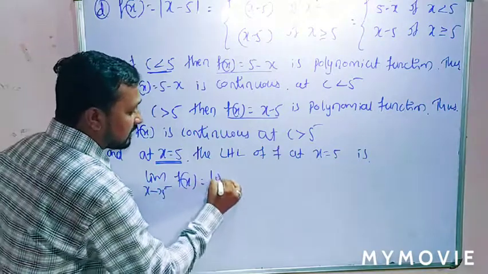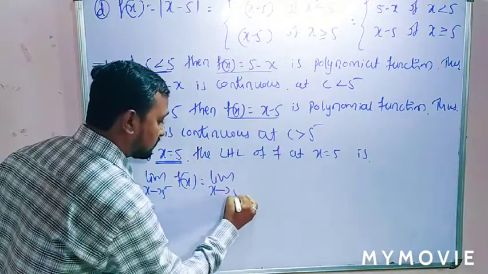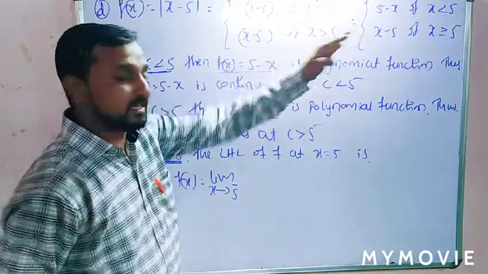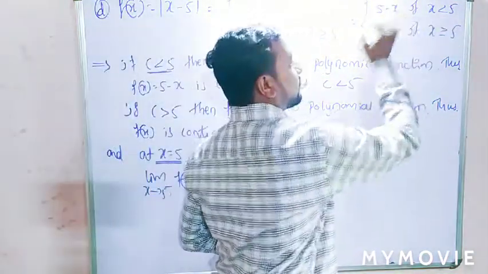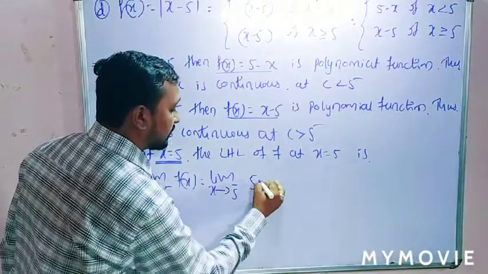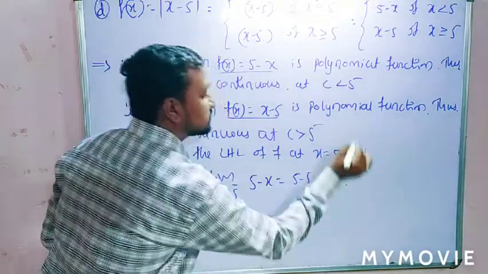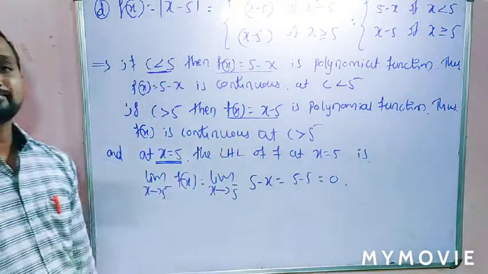What is f of x corresponding to this LHL? It should be 5 minus x. So apply the limit, that means 5 minus 5 equals 0. Your LHL should be 0.